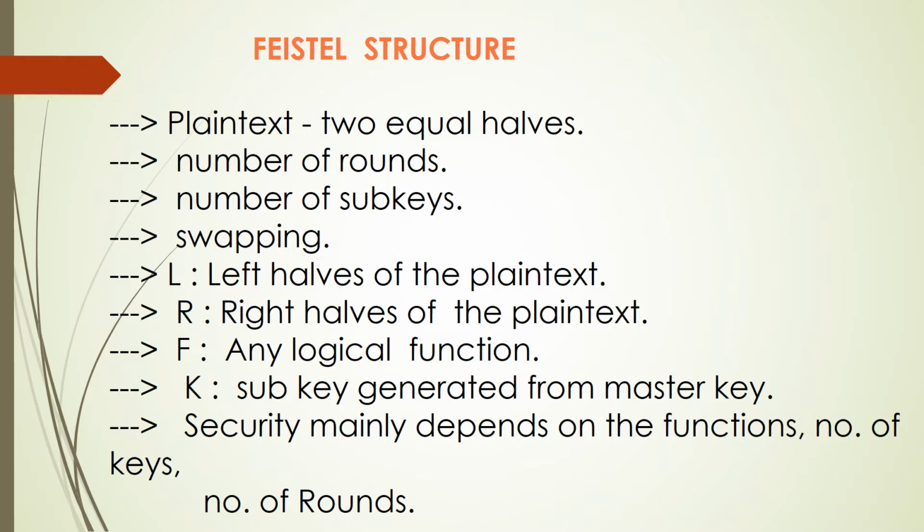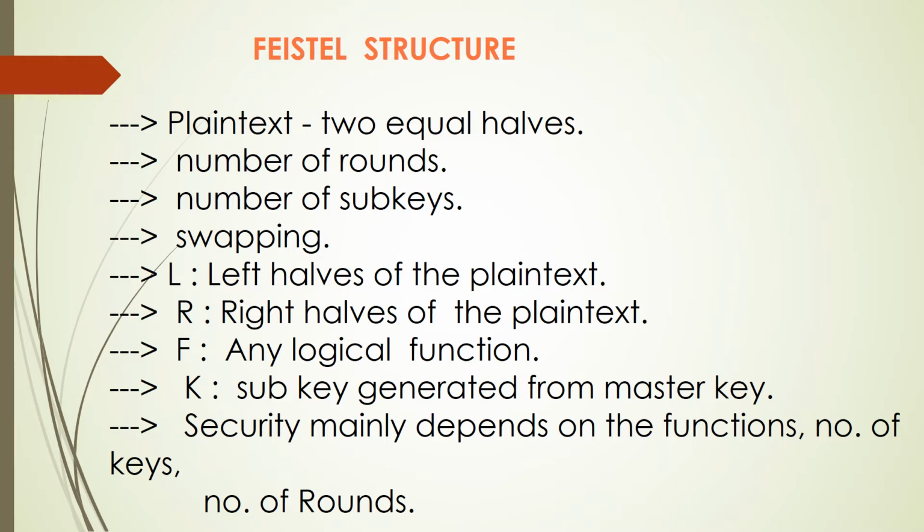Next point is swapping. Swapping means exchanging. That is, the output from the left half will be given as input to the right half, and the output from the right half will be given as input to the left half. Here F indicates the logical function.